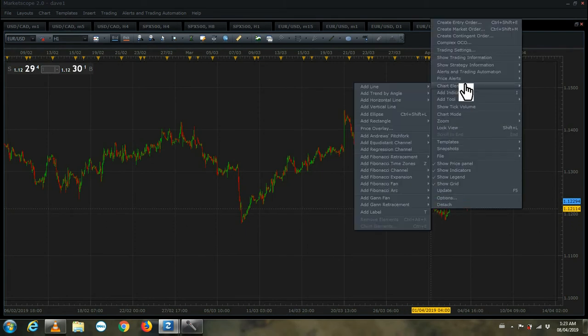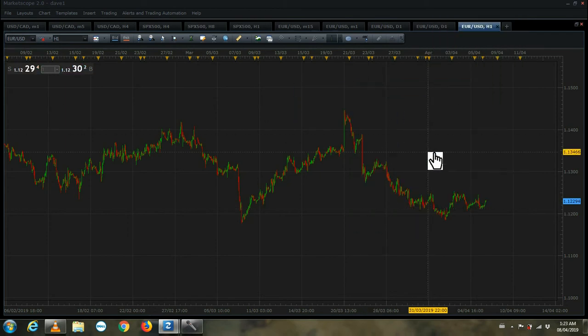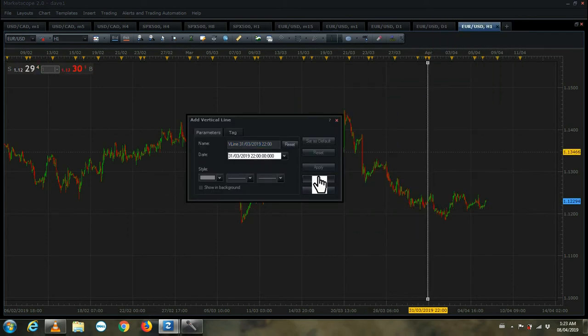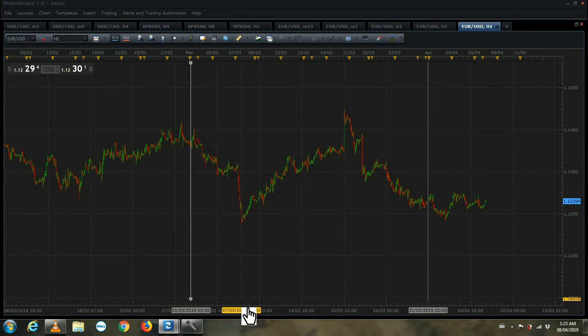So here is March. I'm going to use a vertical line to represent this. So there's March 1st, 2019, and March 31st.